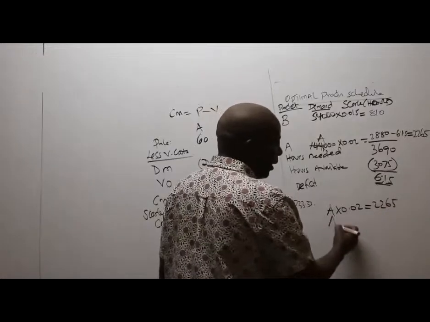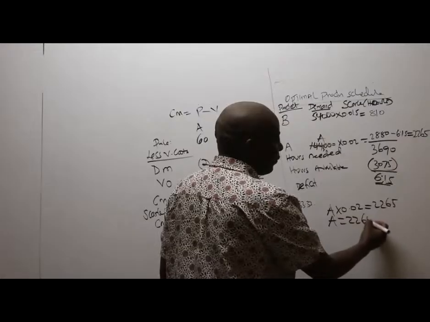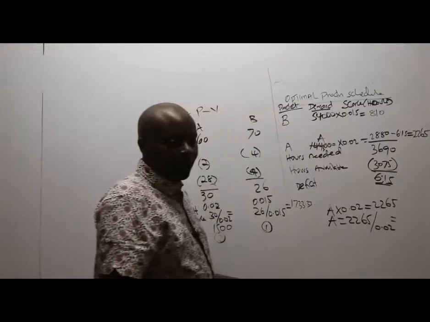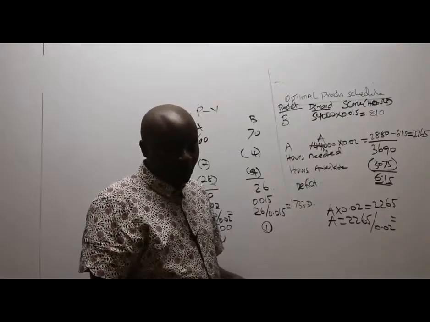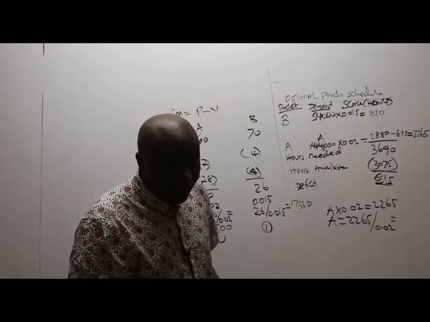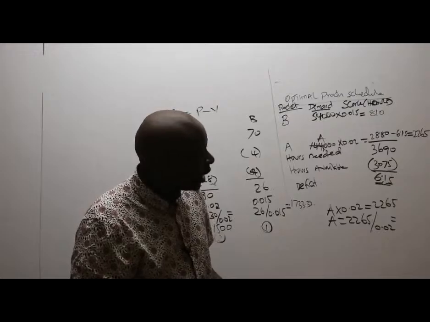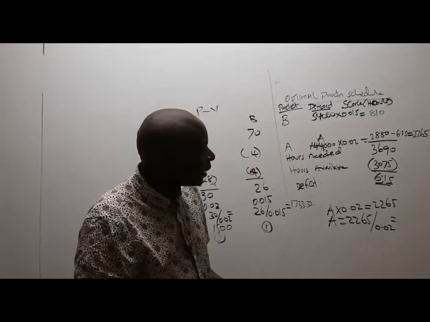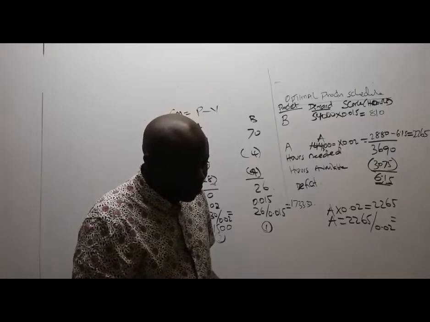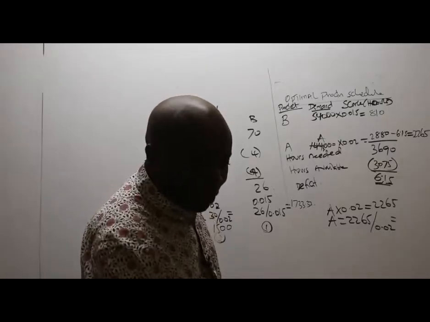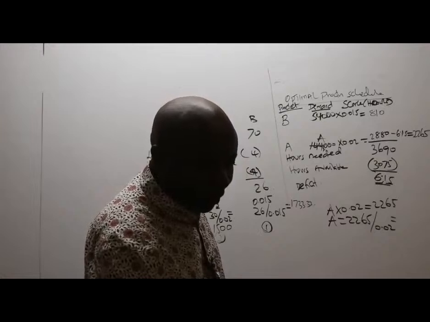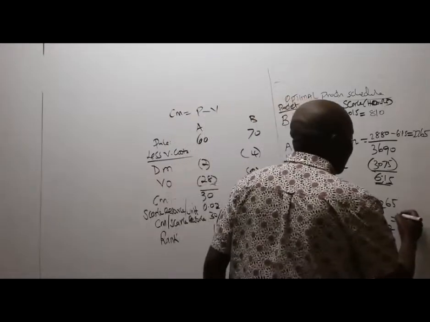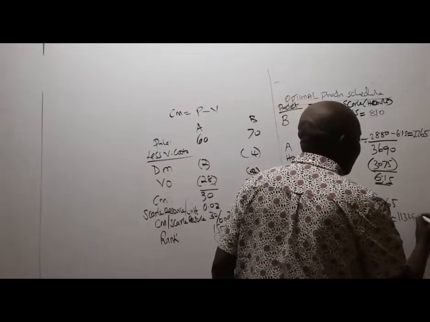So A will be 2265 divided by 0.02, which gives 113,250. Thank you very much.